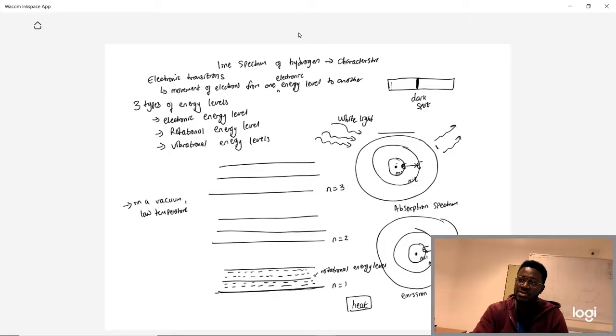So it's better to excite it with heat or something else so that when there's relaxation, it gives out a particular wavelength. Then we have the spectrum. You're going to have bright spots. So the position of these bright spots and the position of the dark spots is exactly the same, right? You already know that.